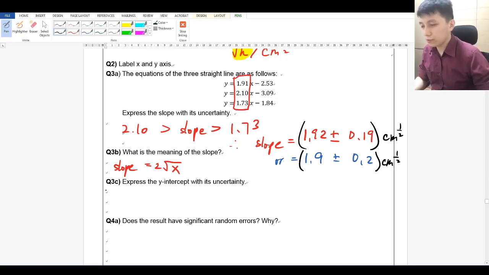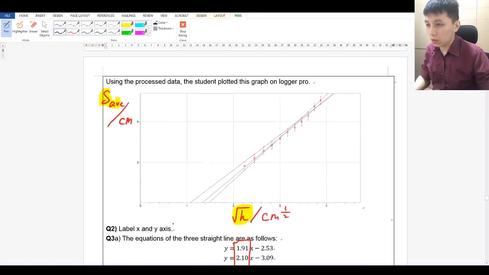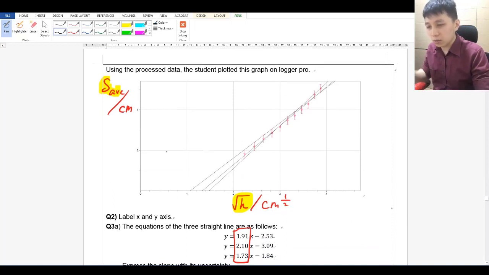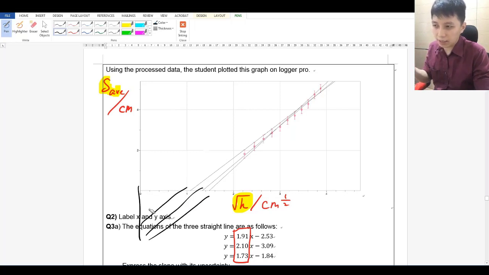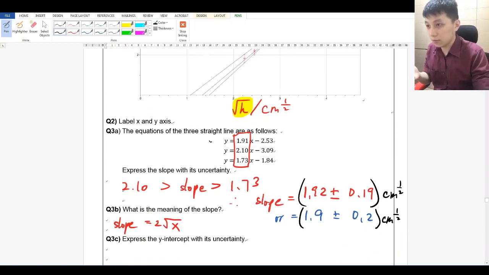Next part, question 3c. It asks you about the y-intercept and its uncertainty, because this is also something you want to look into when you analyze the graph. Other than the slope, very likely your y-intercept will also be meaningful. Other than looking at this from the graph, where you may need to extend the line and then look at the marking, since you already get the mathematical equation here, you don't have to do that, because the y-intercept is already here.